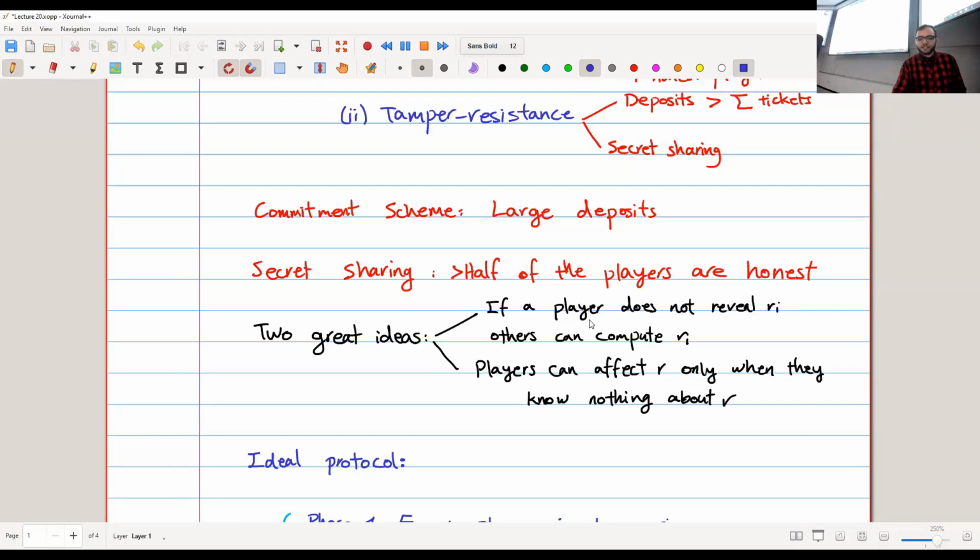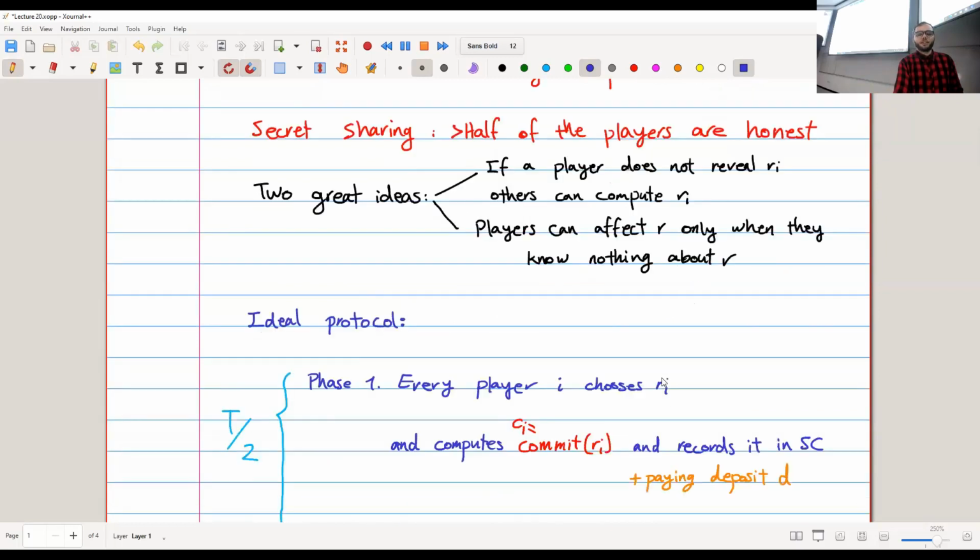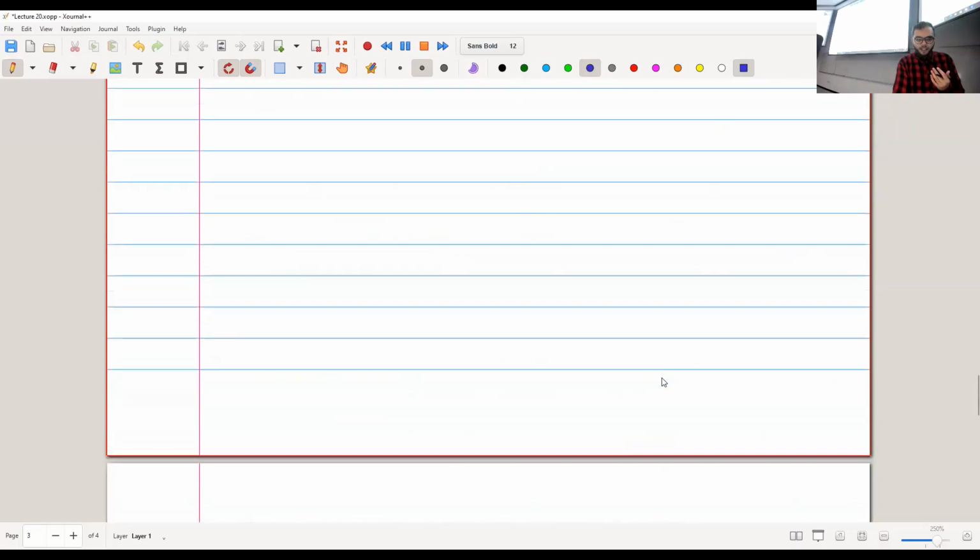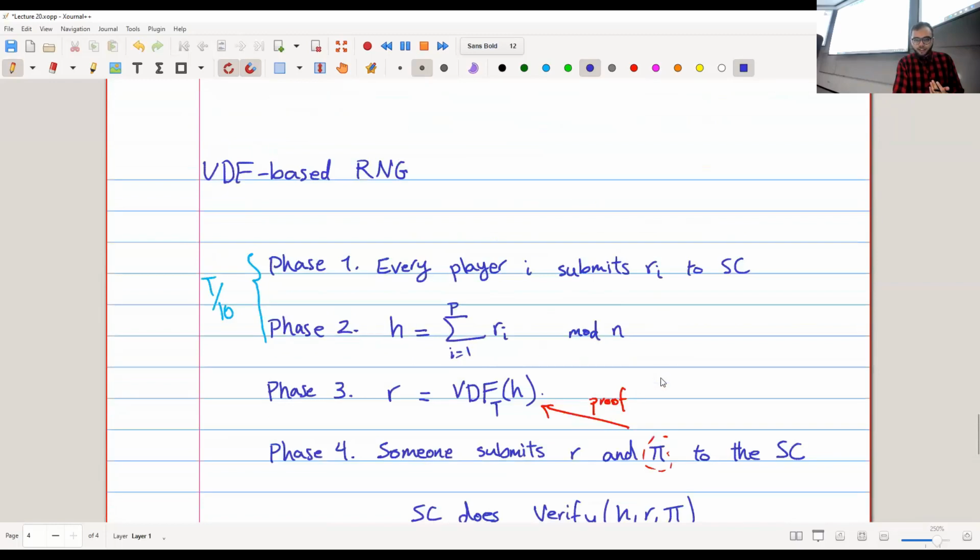The second great idea was that players can affect the final value R only when they know nothing about R. Here they can only affect R by their choice of RI, but they don't know how they are affecting R, and they don't know what R looks like before submitting their RI, because any computation of this VDF is going to take T units of time, and we just don't have that much time.